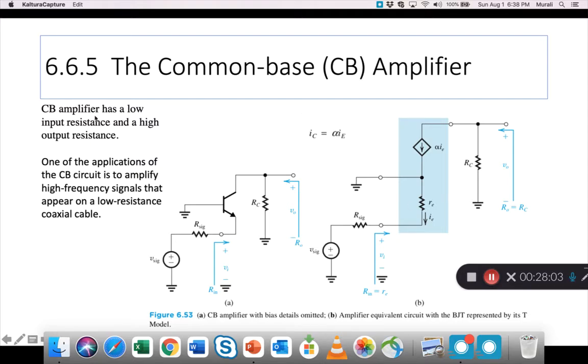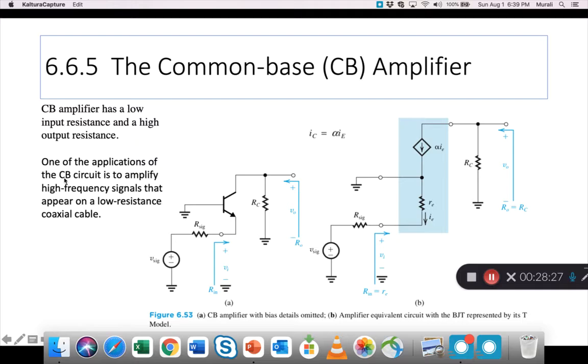The CB amplifier has certain unique properties. This is what the CB amplifier looks like, right? The base is grounded, common base. The input is between the emitter and the base. The output is between the collector and the base. It has a low input resistance and a high output resistance.